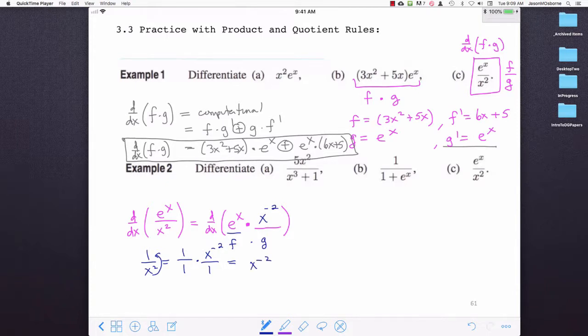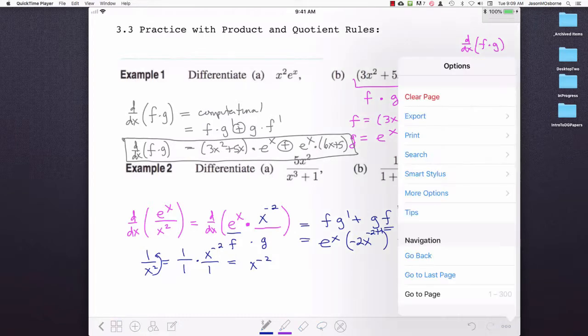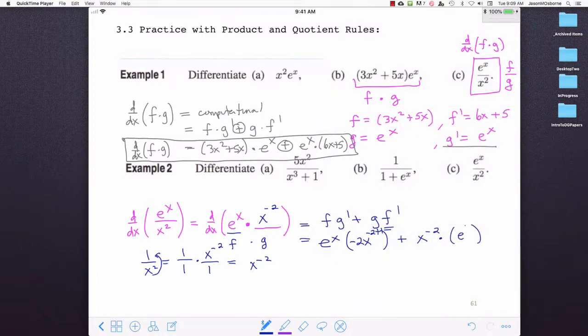Okay, and now we can use the product rule. The function f is e to the x. g prime is negative 2 x to the negative 2 plus 1 via the power rule, plus g is x to the negative 2 multiplied by the derivative of f right here. And f is e to the x, so the derivative is e to the x.